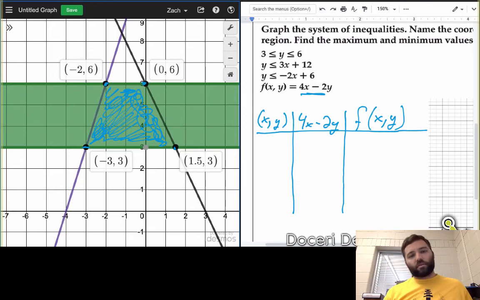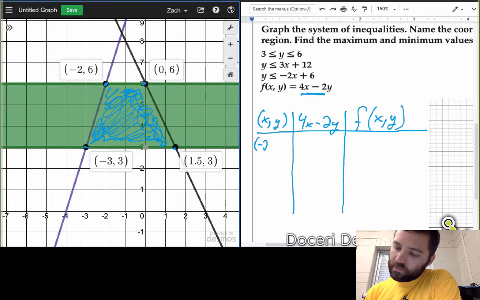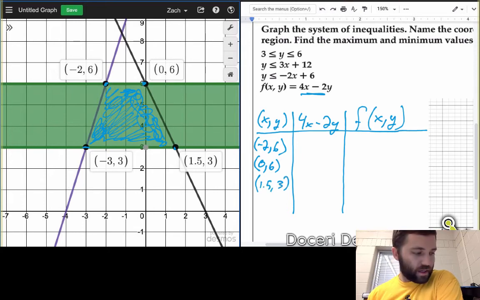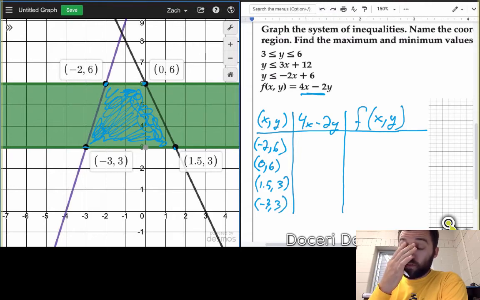Our vertices were (-2, 6), (0, 6), (1.5, 3), and (-3, 3). We're going to plug those values into the function.